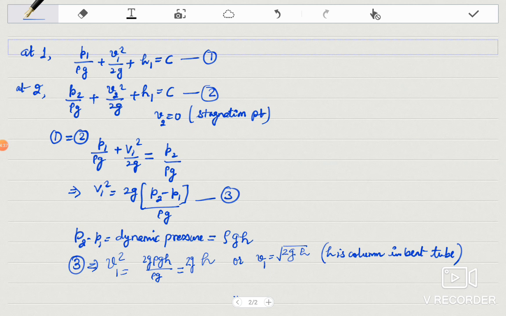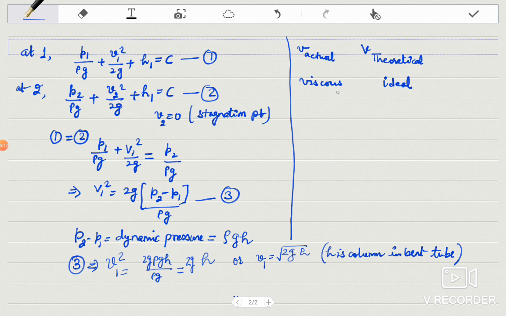Now one more thing which I would like to tell you is that there is one velocity which is actual and another which is theoretical. This is the theoretical value which we have found, and this is V actual. In actual, your fluid is viscous, but we have assumed the fluid to be ideal, that is non-viscous, so we have found V theoretical.